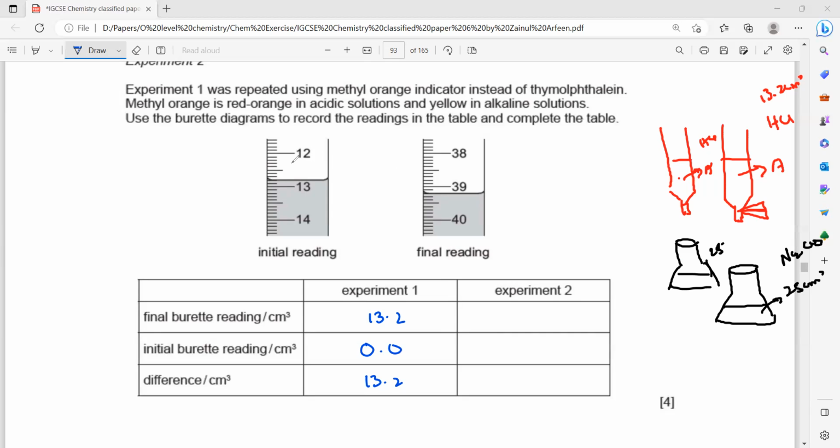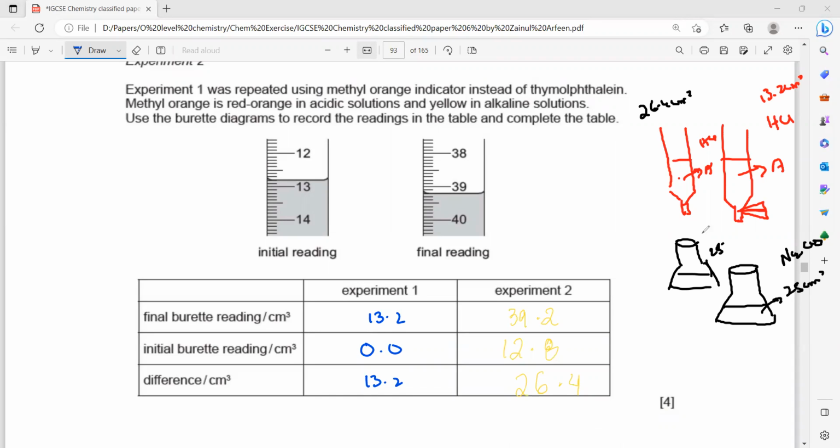So what is the initial burette reading here? Initial is 12.8, final is 39.2. How much is the difference? 26.4 cm³. So you can see we did not change the concentration or the type of solution.